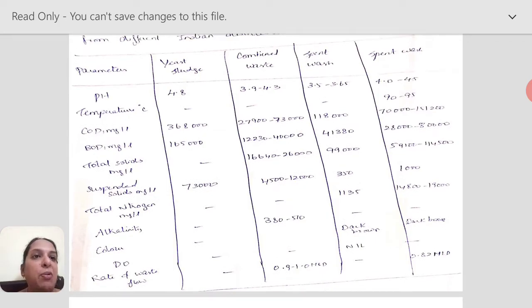Similarly, BOD is also very high, up to the range of 80,000, and total solids is also high. That is why the distillery industry is said to be one of the highest polluting industries.